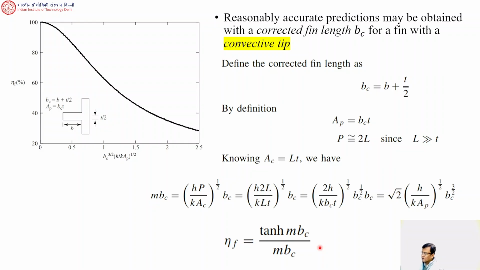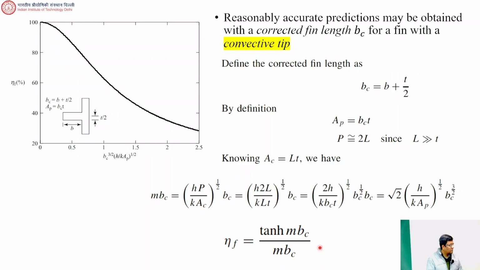And we also got a beta value for an entire fin array. So we saw yesterday that optimization for a fin array gives you a beta value which is quite close to the beta value of a single fin, right? So these are some of the conclusions that we have done.